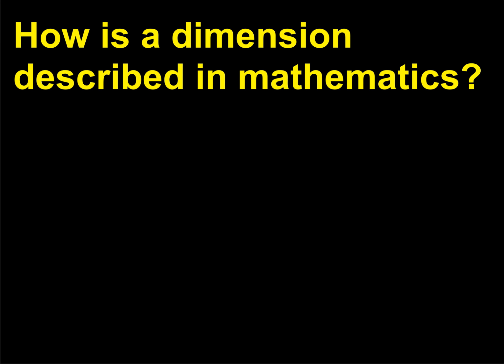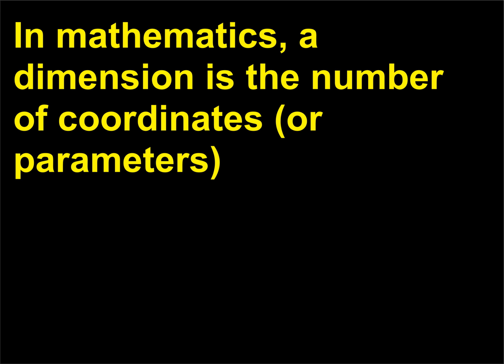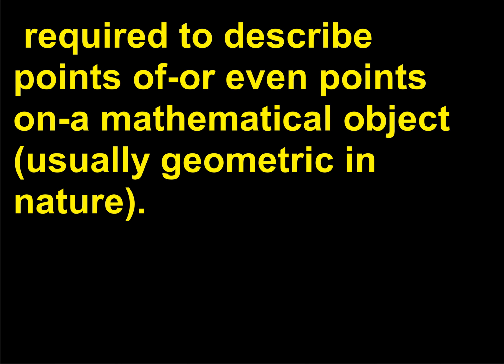How is a dimension described in mathematics? In mathematics, a dimension is the number of coordinates, or parameters, required to describe points on a mathematical object, usually geometric in nature.